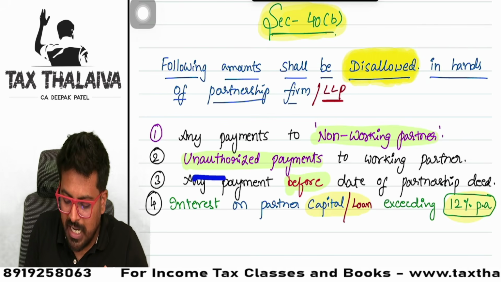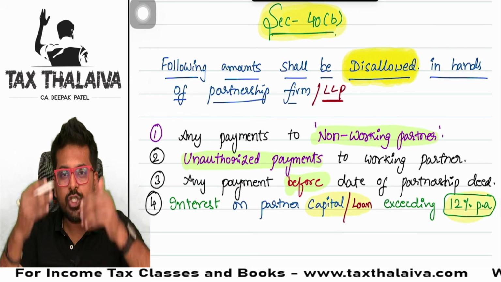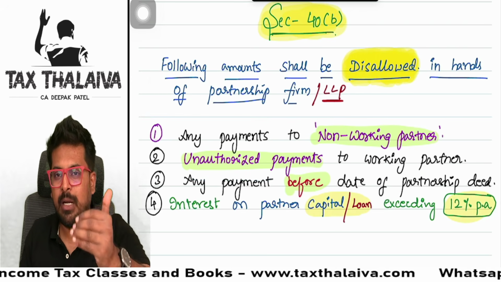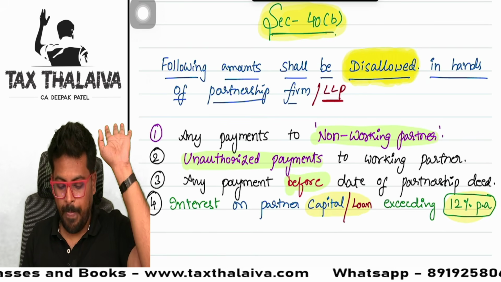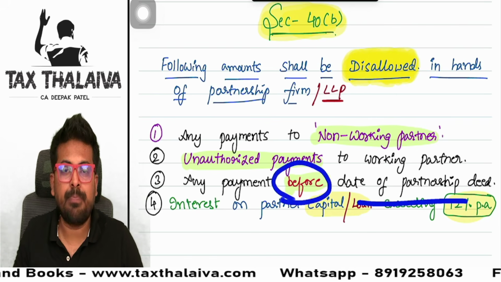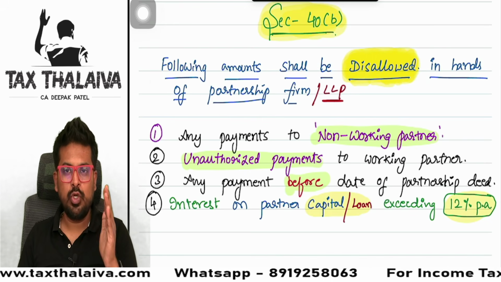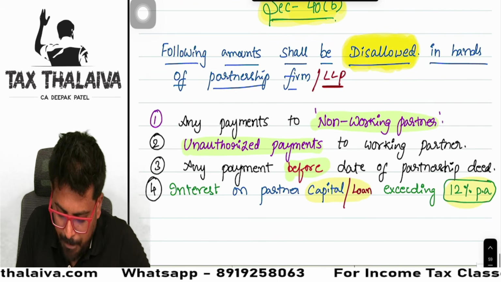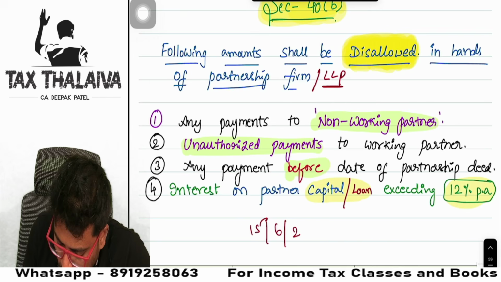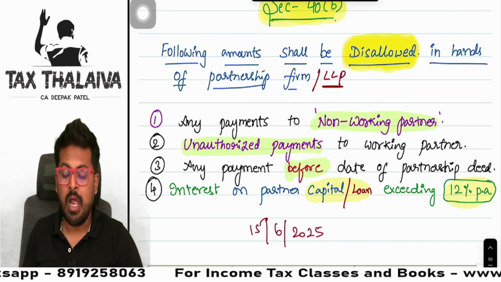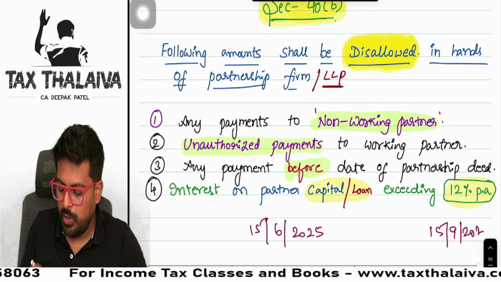Number one, unauthorized payments to a working partner. Let's say, for example, in the partnership deed, a certain payment is not authorized, then also it is not allowed. Third, any payment before the date of the partnership deed. Let's say, for example, you started your partnership firm on 15th of June 2025, but you created a deed on 15th of September 2025.